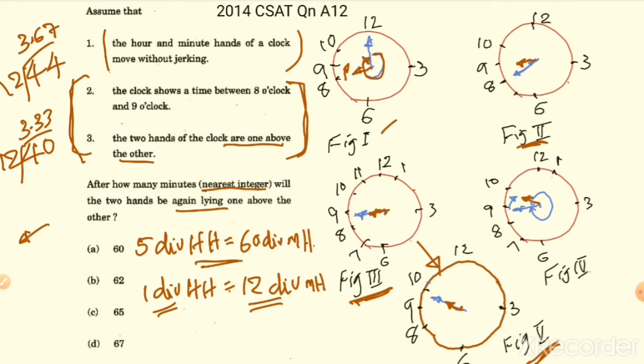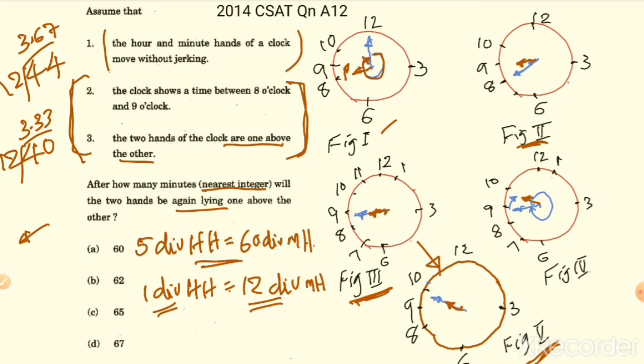Then to reach minute hand upon hour hand, the minute hand has to move again by 5 divisions. In 12 divisions the hour hand moves by 1 division, so in the 5 divisions the hour hand moves by a fraction of a division.